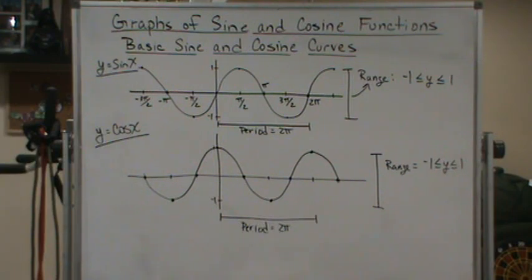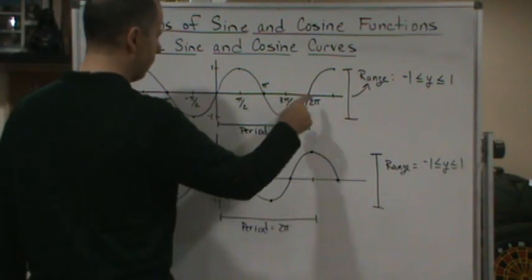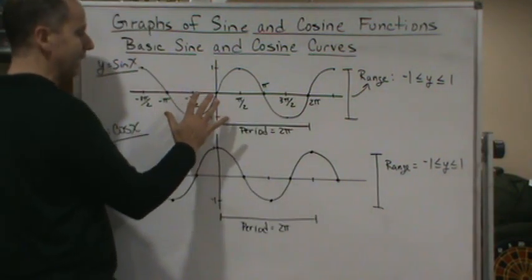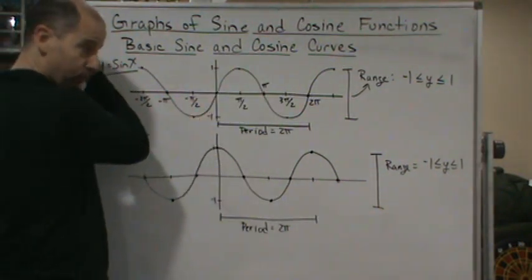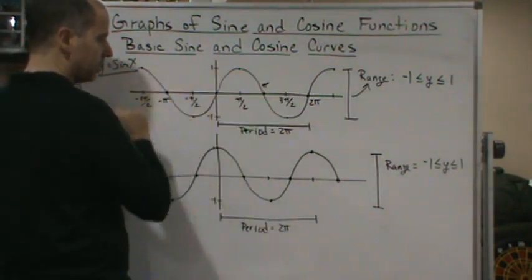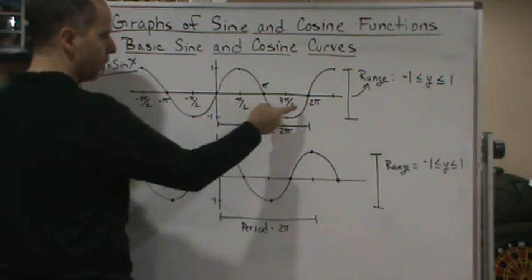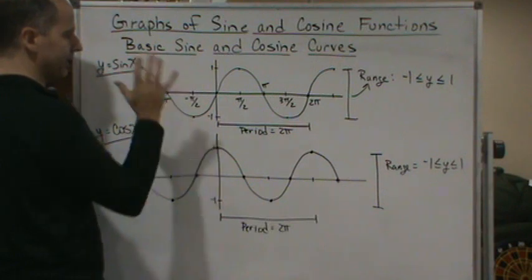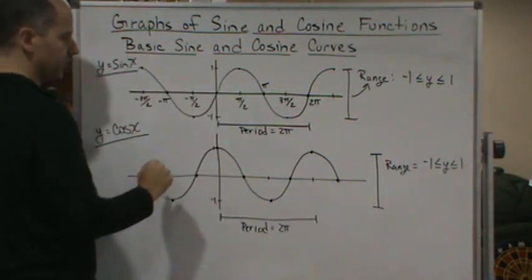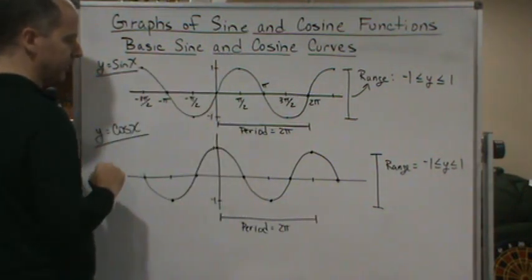Also make sure you understand, if you look at the sine function, notice how it is symmetric. So let's talk about symmetry for a moment. The sine function is symmetric with the origin, because if you rotate it 180 degrees, you get the exact same function. You could rotate it and it looks like it didn't change.